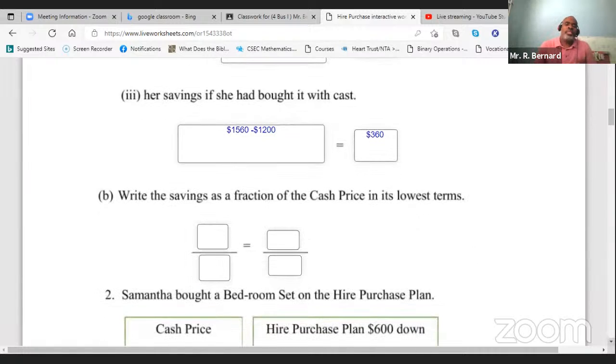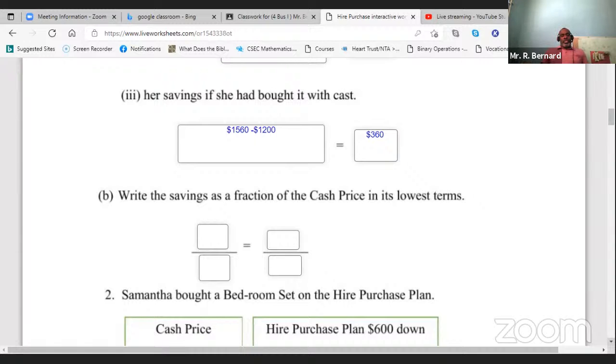Now, part B says write the savings as a fraction of the cash price in its lowest terms.